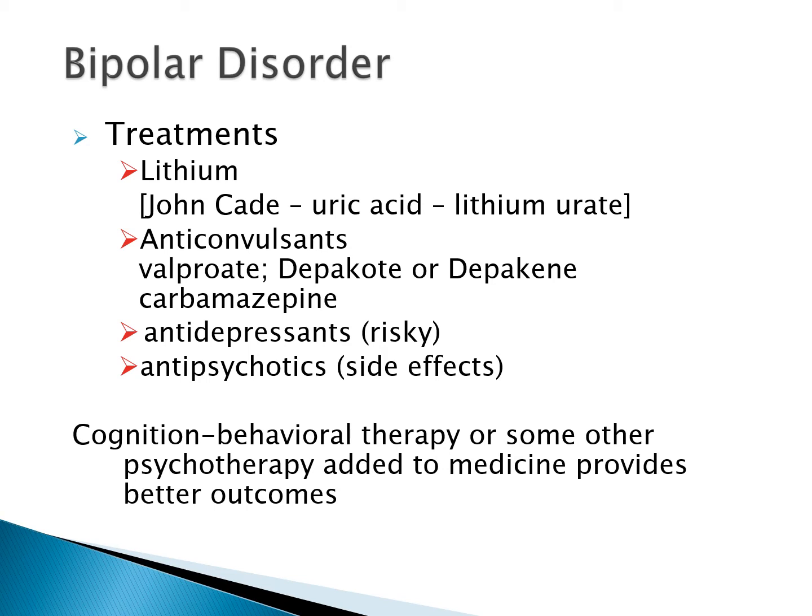Then he tried it on 14 patients who had bipolar disorder, and all 14 of those patients calmed down. They weren't going through those manic phases. And that is how we discovered that lithium really calms down the manic depression, those severe mood swings.